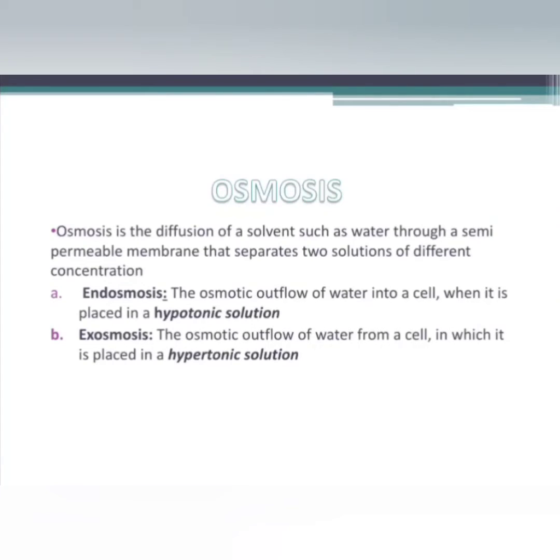The movement of molecules will occur in two types: endosmosis and exosmosis. Endosmosis is the osmotic inflow of water into a cell when it is placed in a hypotonic solution. And exosmosis is the osmotic outflow of water from a cell placed in a hypertonic solution.